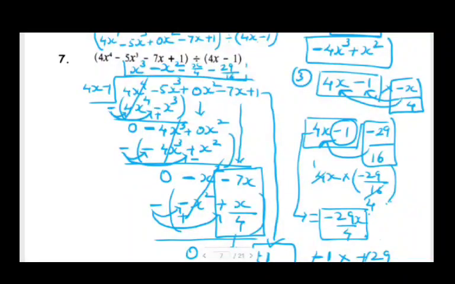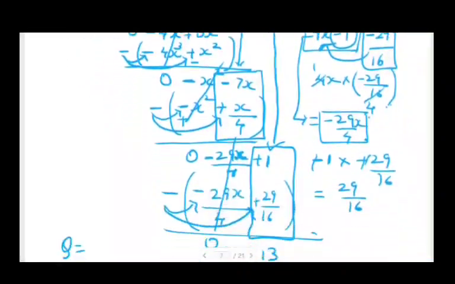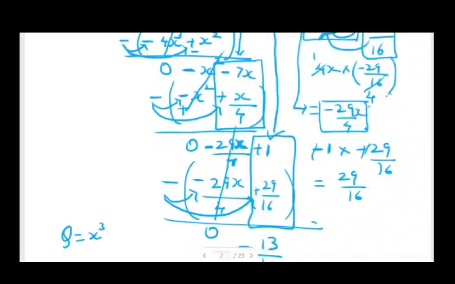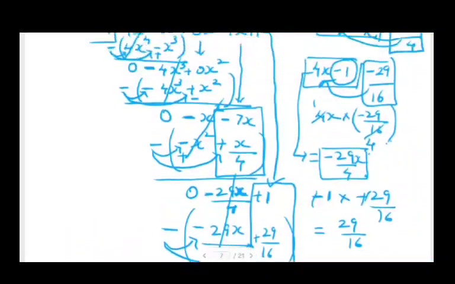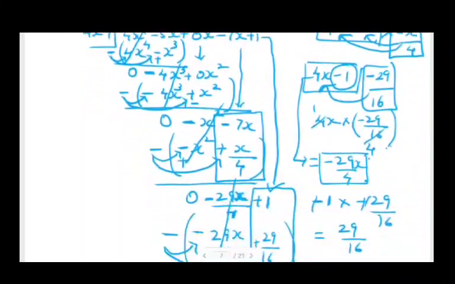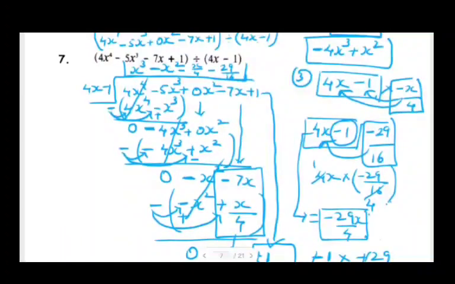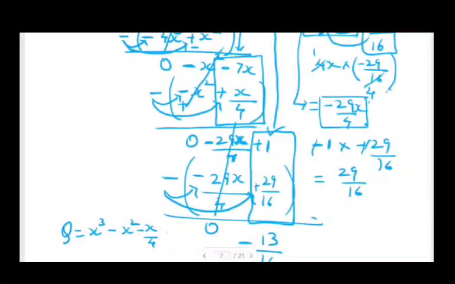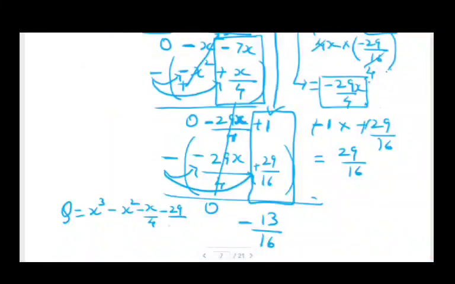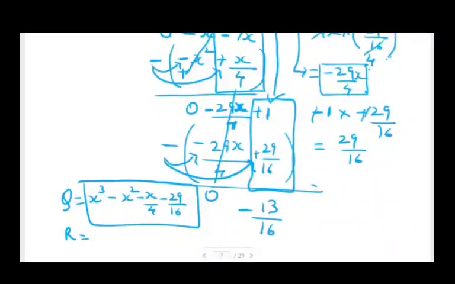That's my quotient. x cube minus x square minus x upon 4 minus 29 upon 16. That's my quotient. What's my remainder? Simply minus 13 upon 16.